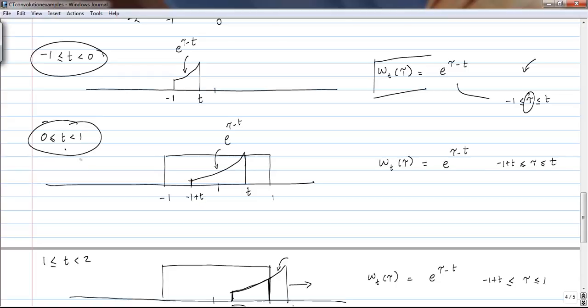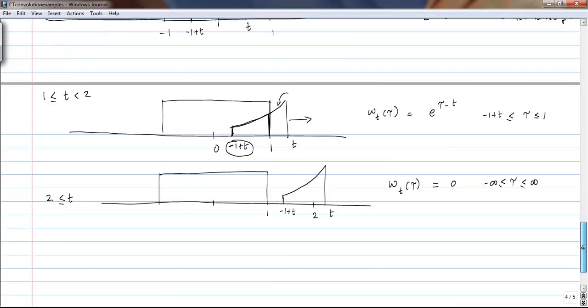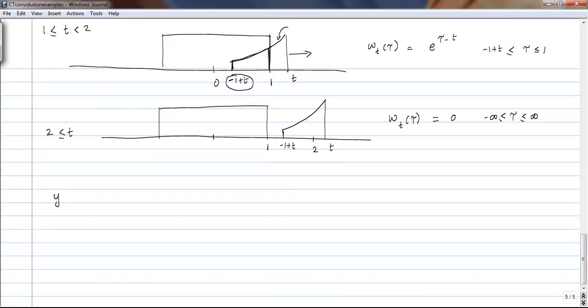So in this range of t, this is the function w sub t of tau, and this is 0 for other values of tau. Now all that remains is to compute y of t by integrating w sub t of tau over all these different ranges.